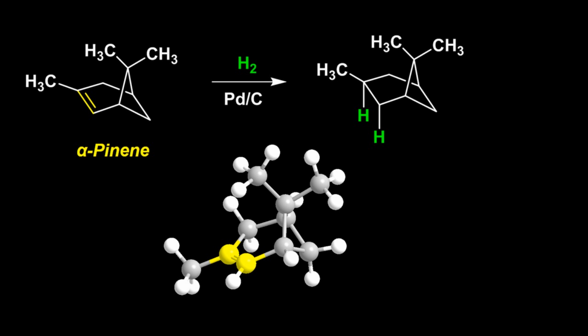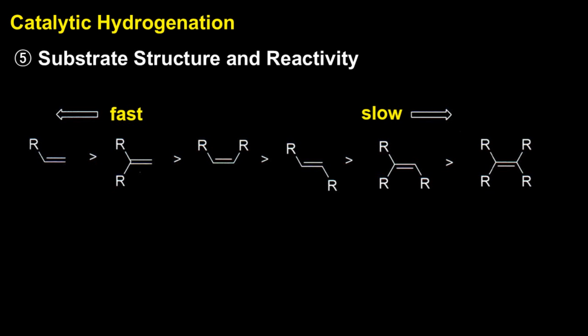As a result, the hydrogens add from the bottom, and you still get syn addition, just from the more accessible side. It's a great example of how a molecule's overall shape can influence both stereoselectivity and the final structure of the product. It's not just about where the double bond is, it's about what the rest of the molecule is doing too.